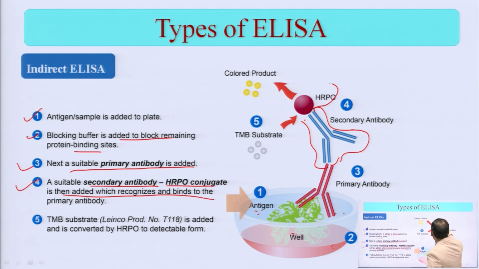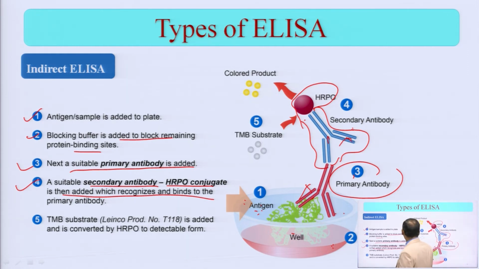So, you may imagine the antigen is present, the antibody has bound to it, and after that the secondary antibody also binds. Now, if the antigen is not present, what will happen? No binding will happen, and ultimately the secondary antibody will also not bind.